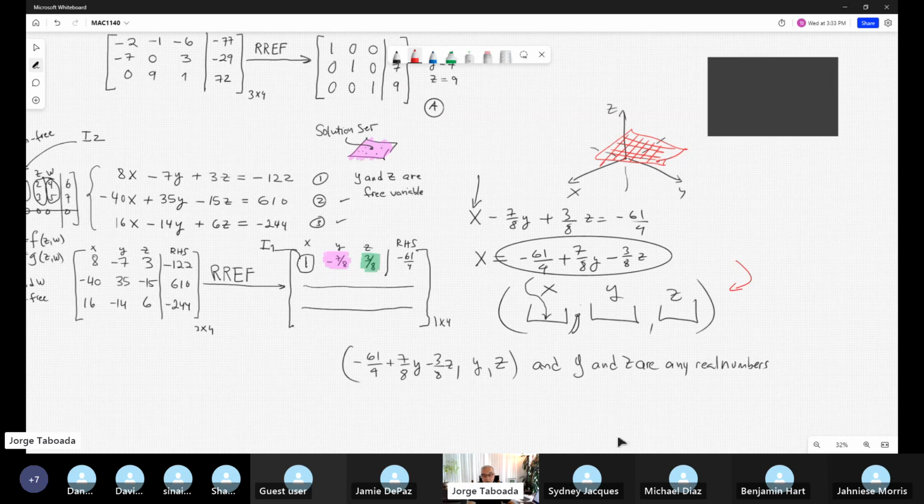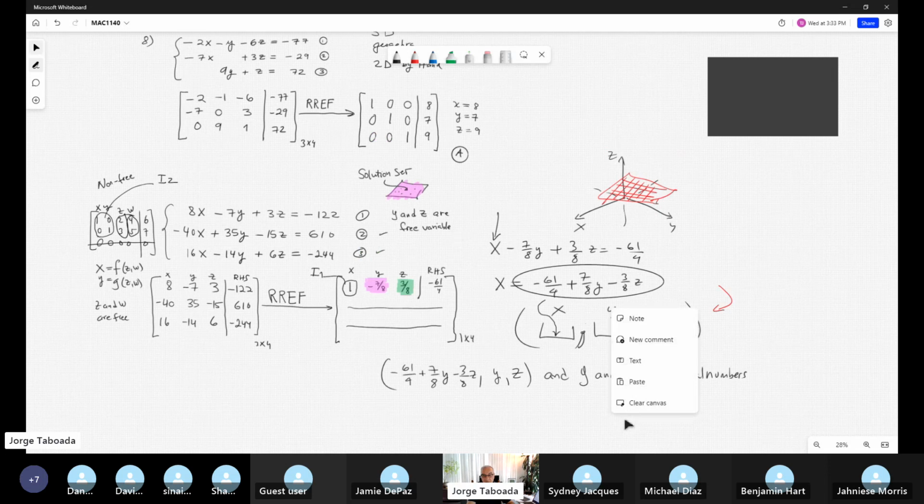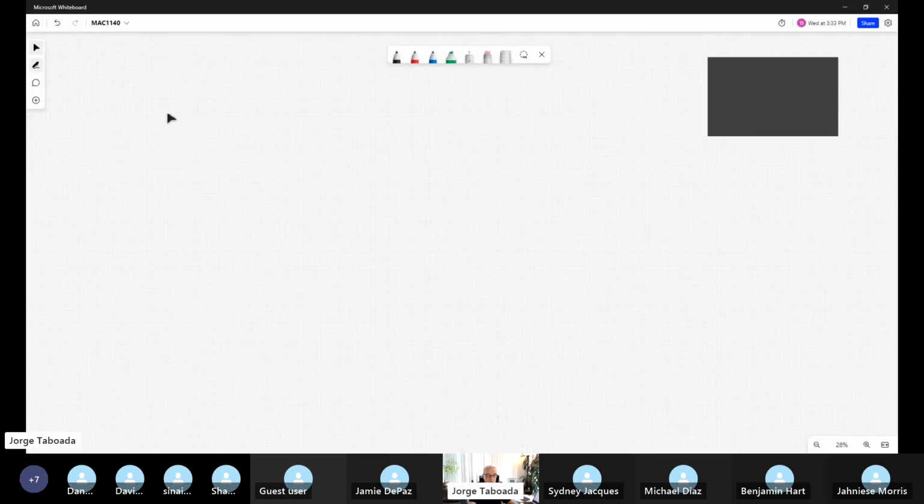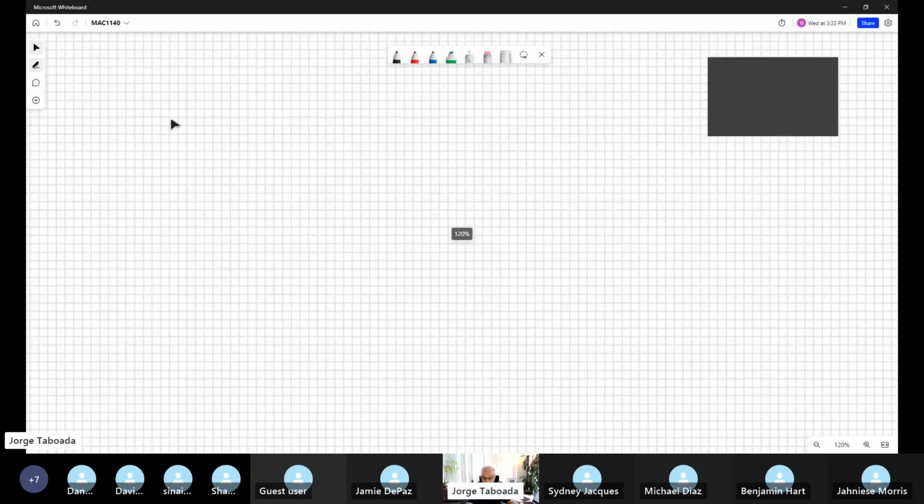Okay. Let me try. Let me erase everything in my whiteboard. I want to copy example 11. Example 11 says: 5x plus y equals 1.